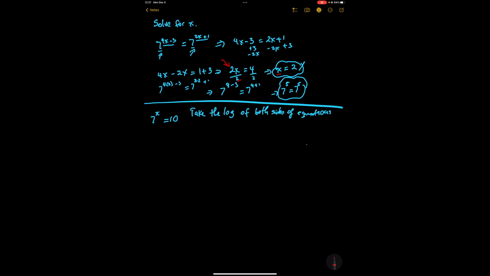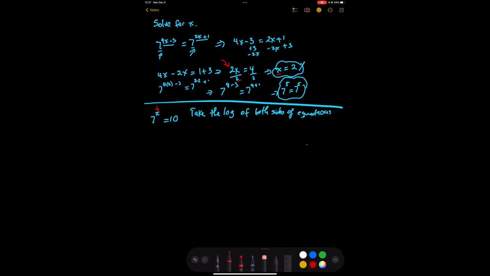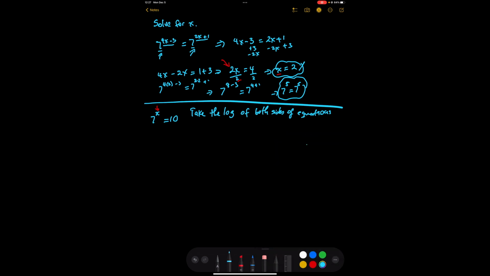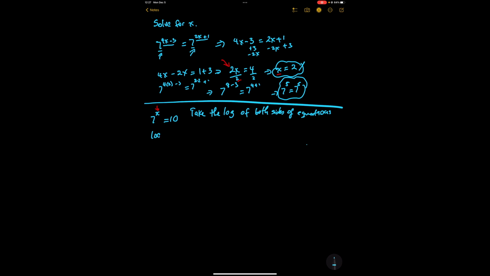To get x by itself right here, because it's an exponent, we have to take the log of the expression. So I'm going to take the log of 7 to the x equals log of 10.